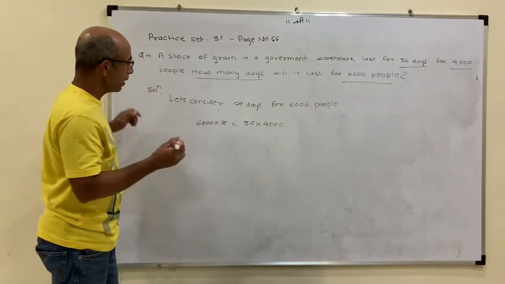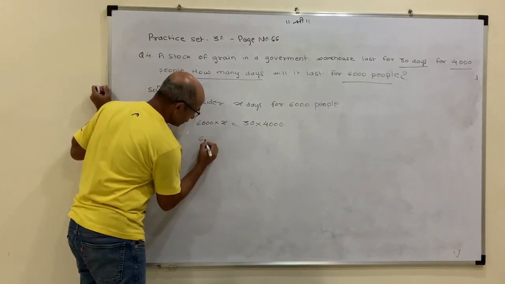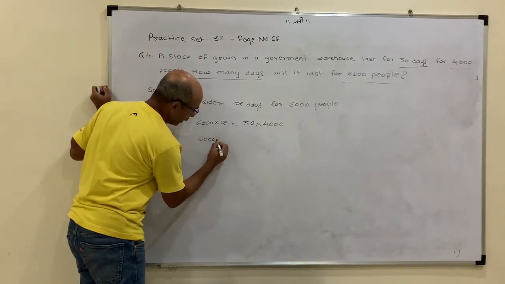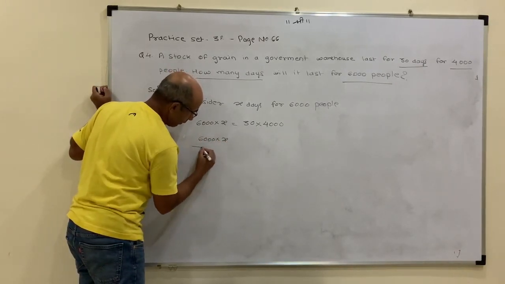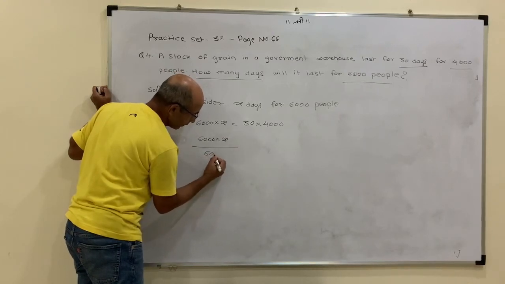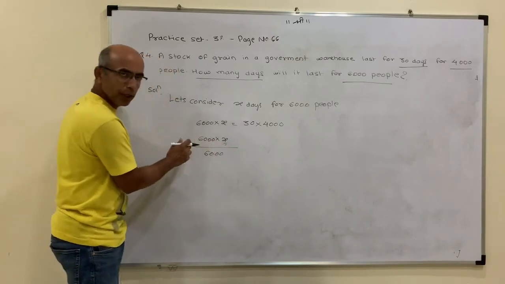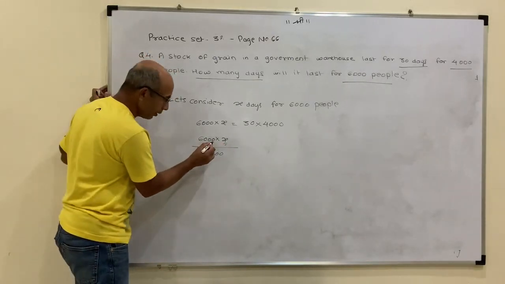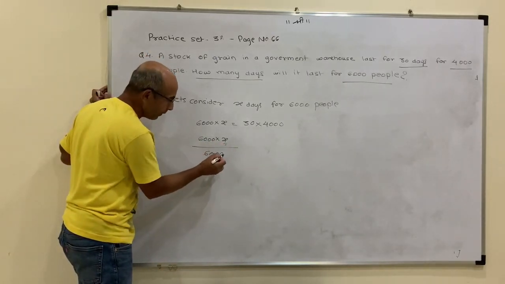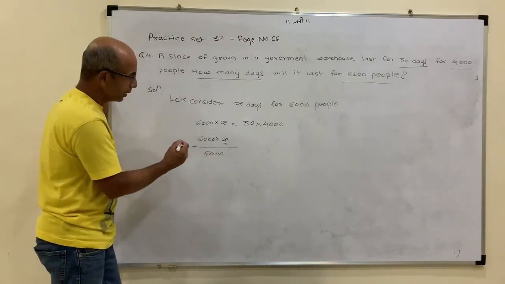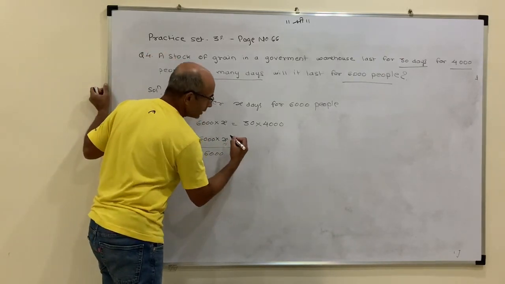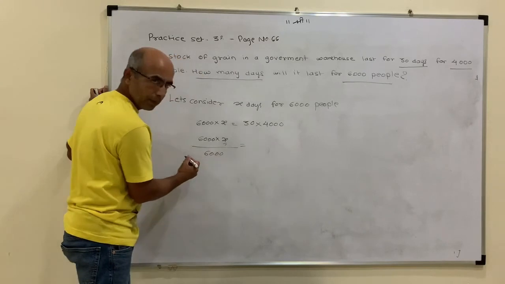So now my next step will be 6,000 into x divided by 6,000. Now to find the value of x, I need to isolate it. So to get rid of this 6,000, I am dividing by 6,000. On the right hand side, I have to do the same operation.